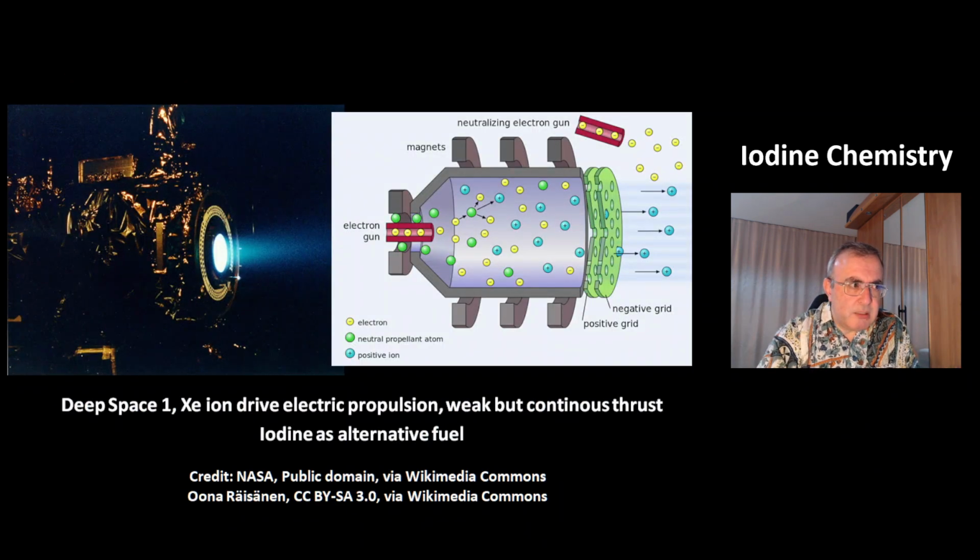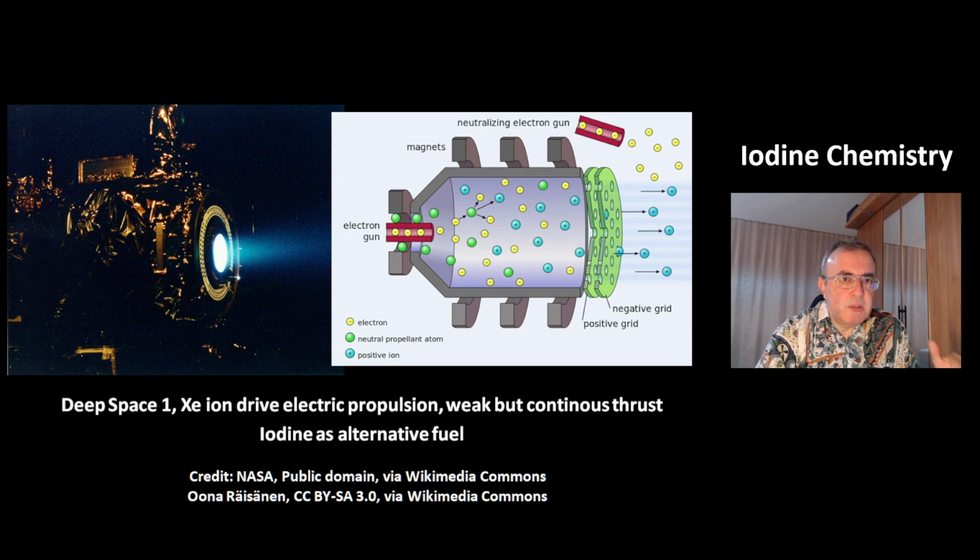At the left, that's an ion drive with electric propulsion, like it was used in the spacecraft Deep Space One. It used xenon as a fuel. This engine gives you a weak but continuous thrust, and over time the Deep Space One spacecraft reached a very high velocity.